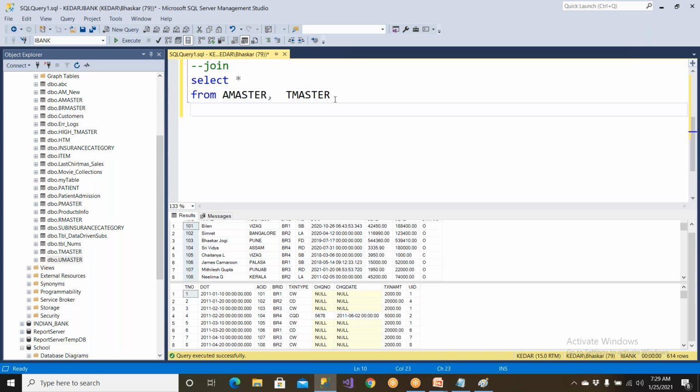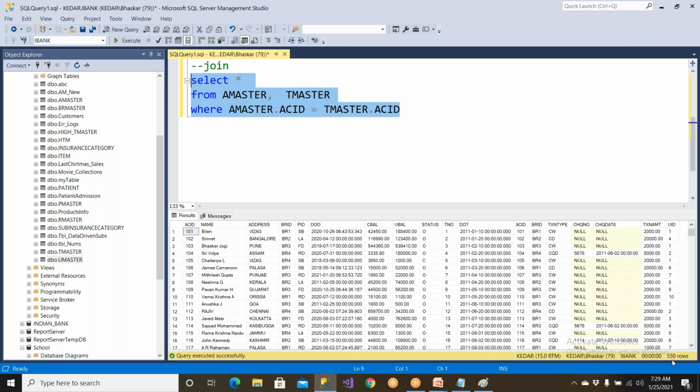And I have to join where table 1 dot primary key account ID is equivalent to table 2 dot foreign key account ID. That's it. So these two tables are linked and you will be able to get the data.